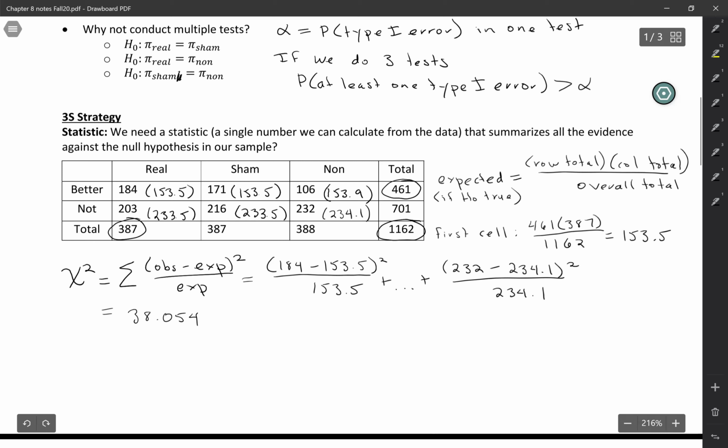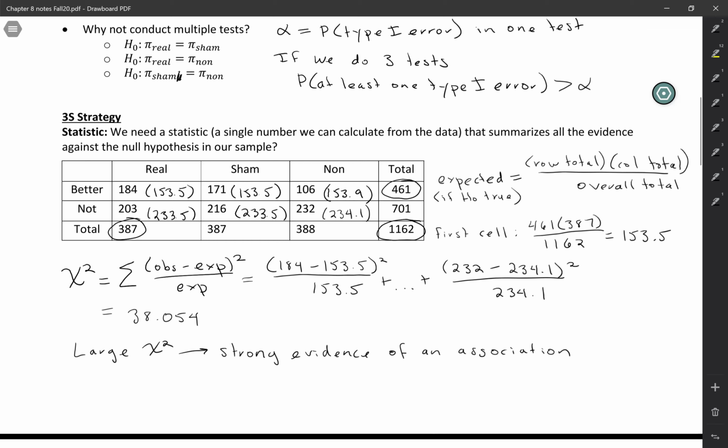38.054. We've learned in the past that when you have a large Chi-Squared statistic, that means that you have strong evidence of an association, which makes sense if you think about what the Chi-Squared statistic was actually measuring. It was measuring the difference between the actual data and what we would expect if there were no association. So the bigger those differences are, the stronger the evidence of an association.